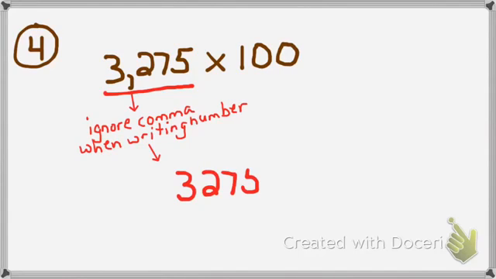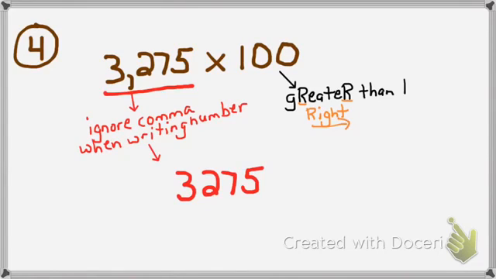I'm simply going to write 3,275. Now I'll look at my power of 10 number. It's a 1 with zeros. I notice that 100 is certainly greater than 1. And since greater has R's, I know I'll have to move my decimal to the right. How many places? 1, 2 zeros. So I'll be moving my decimal 2 places to the right.